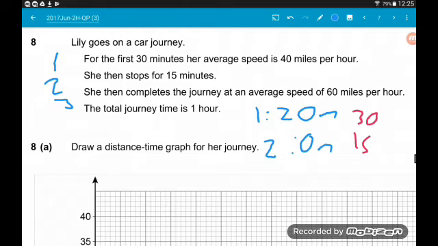Now in stages 1 and 2, 45 minutes has passed, so that means that there's 15 minutes left for stage 3. So 15 minutes is 1/4 of an hour. She travels at 60 miles per hour in the third stage, so 1/4 of 60 is 15 miles. So now we know our distances, we can plot these on the graph below.